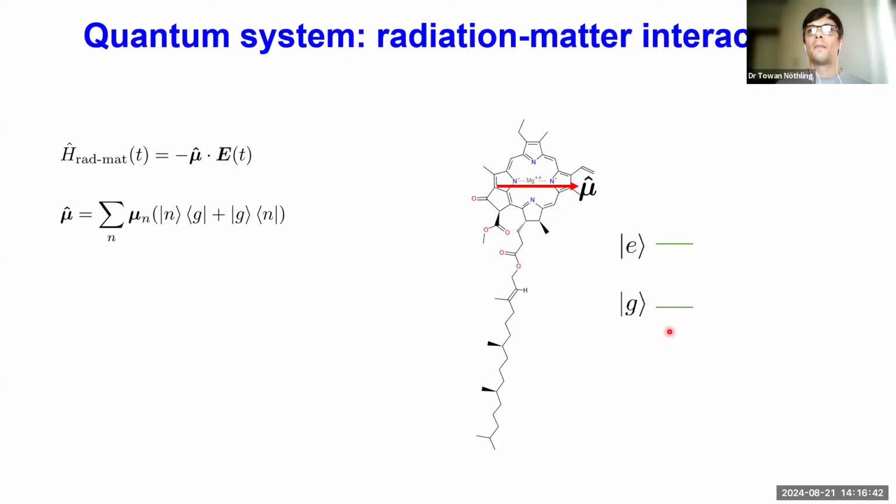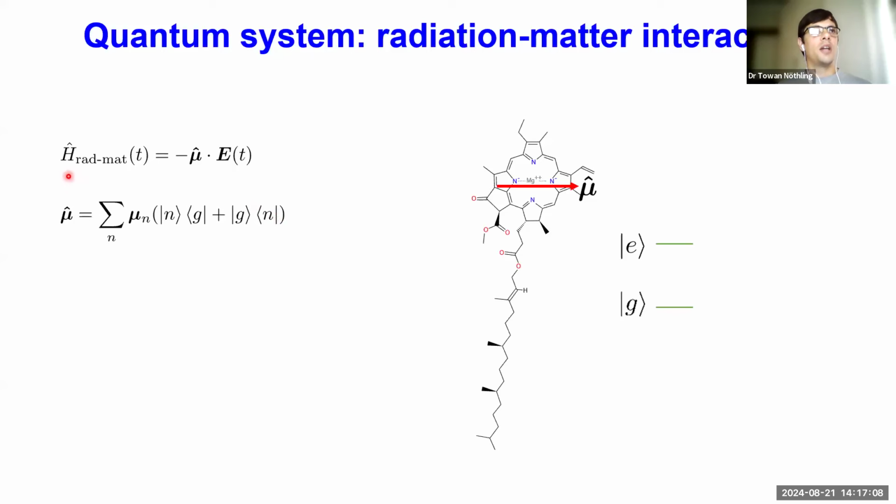So when we shine a light on chlorophyll, an electron can be promoted from the ground state to the excited state, and we say that the chlorophyll becomes excited. The transient dipole moment is indicated by the red arrow and denoted by mu.